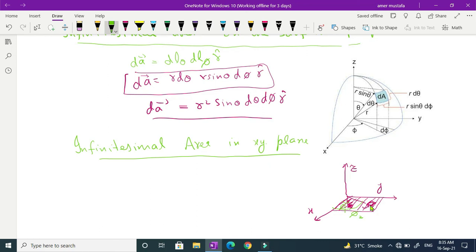Theta is the constant, because this xy plane makes an angle theta with the z axis. What is this angle? If you take any radial line here, this radial line will make an angle theta with the z axis, and this theta is equal to 90 degree or pi by 2.